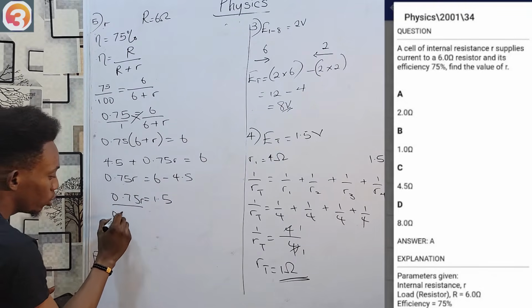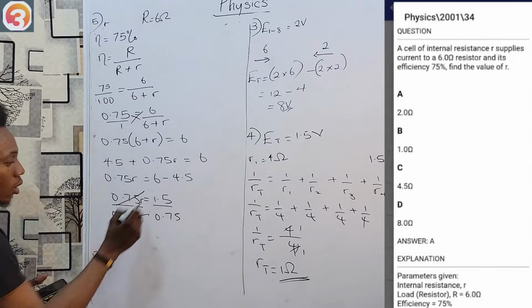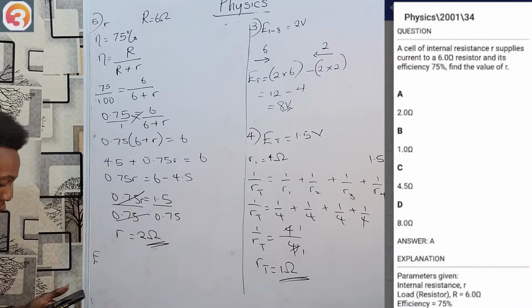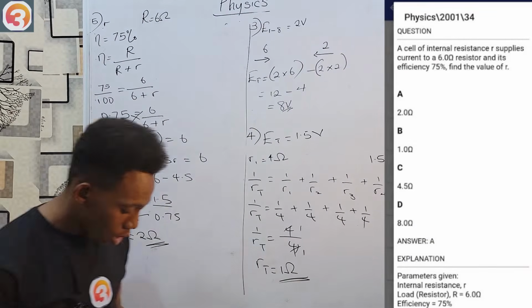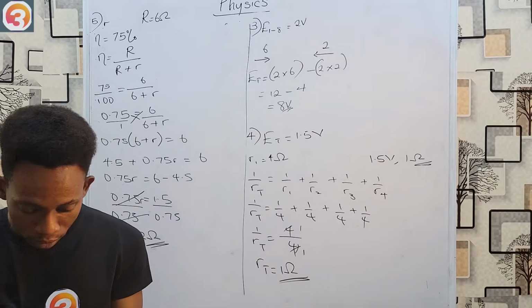So R equals 1.5 over 0.75, and if you divide, that simply gives you 2 ohms. And you see, our answer is option A.